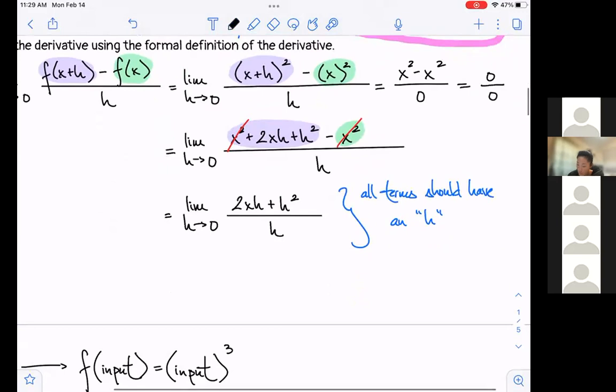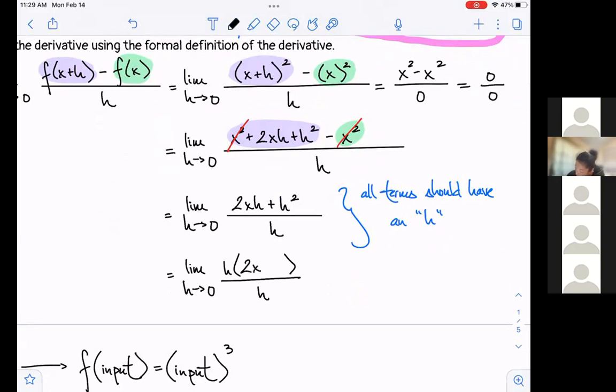Why is that so important? Check this out. I'm going to factor an h out of the numerator. That's going to leave me with 2x plus h.